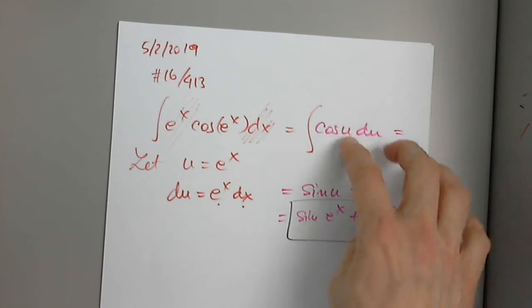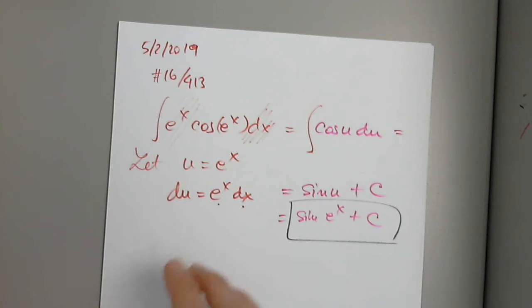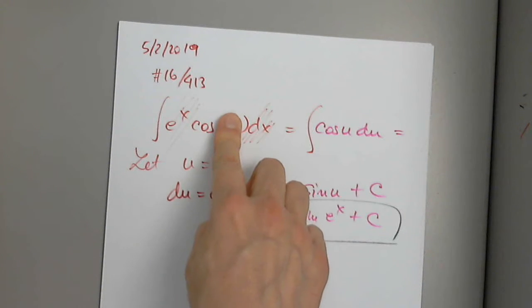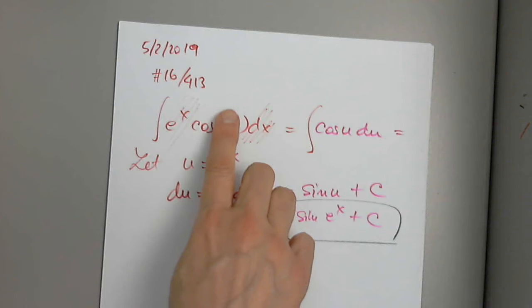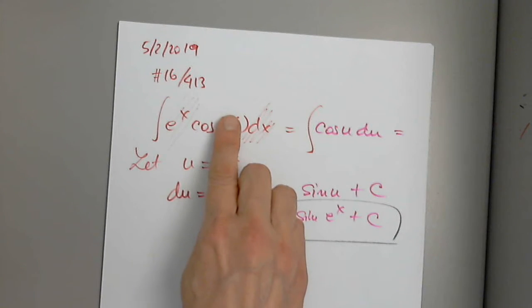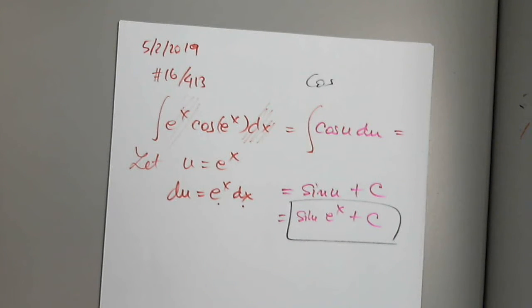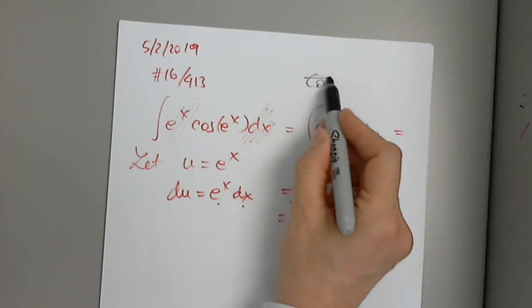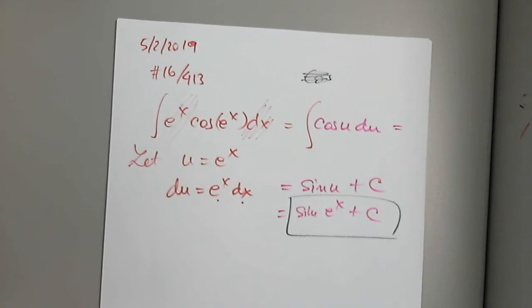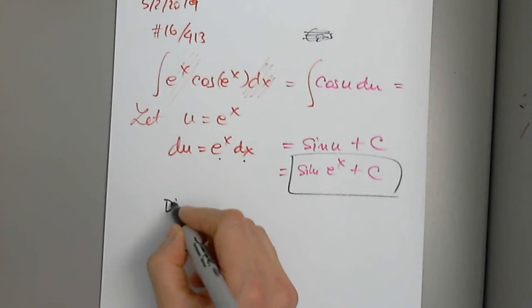Here it was cosine of e to the x. That's the argument. So if I don't replace the argument by something, then cosine means nothing. Okay? Any questions? Okay, so let's look at definite integrals.